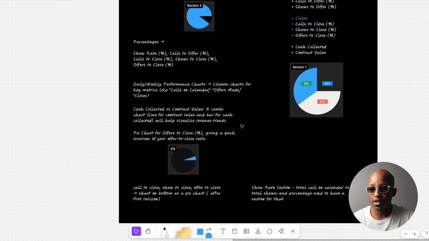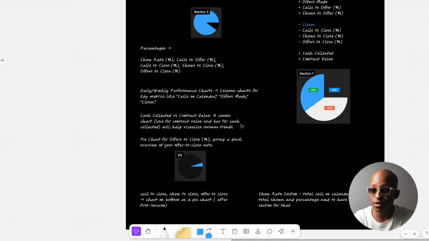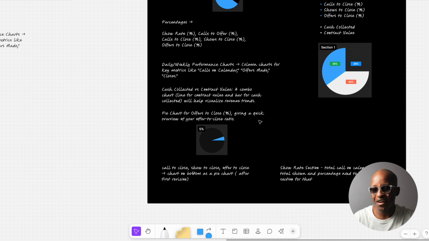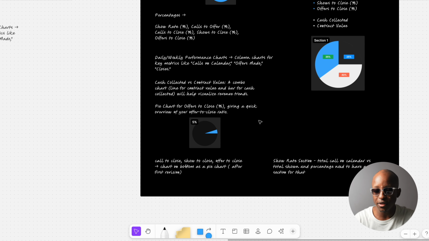With these dashboards, we can understand from first principles the requirements and what we're actively trying to solve for. In this instance, we're solving for understanding the key metrics that run the business, specifically for the closers that we have. Through this we can mock this up, then build out the entire database and have the relations that we're going to plug in.